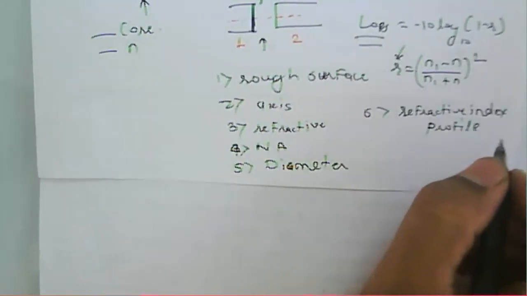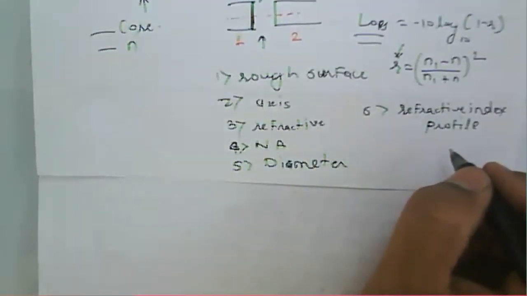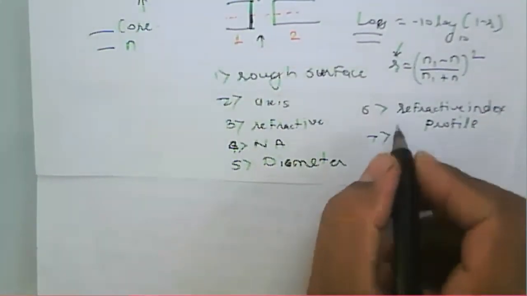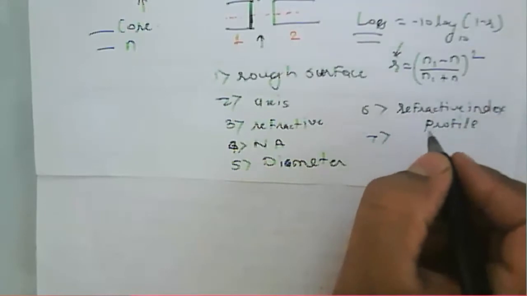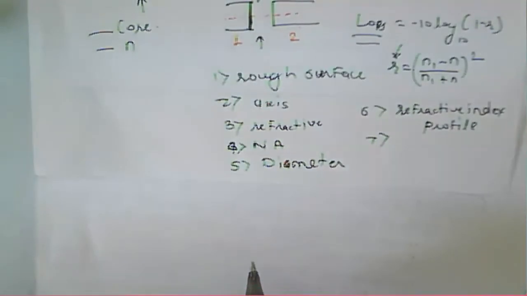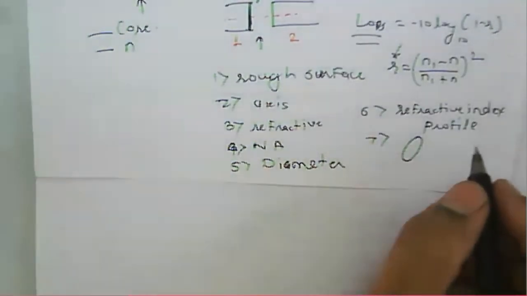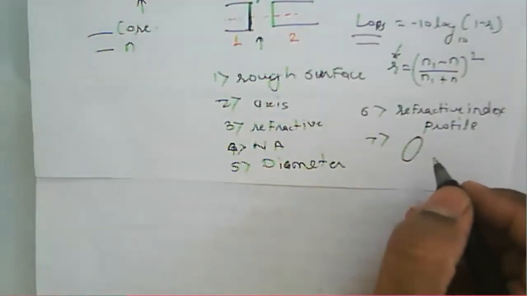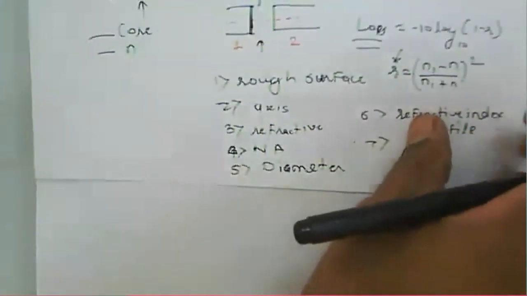So if the refractive index profile is not matched, or the two fibers have different refractive index profiles, or if the core of a fiber is not in a cylindrical shape, or that particular core is elliptical in nature, or a faulty fiber is not a perfect cylindrical shape, then that loss will occur when we join the two fibers.